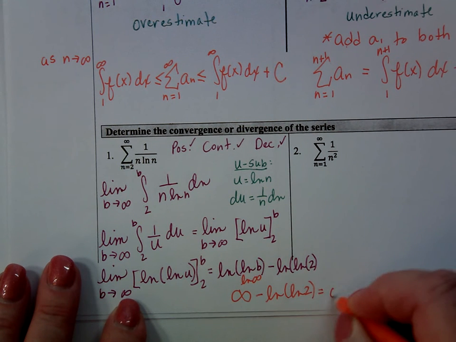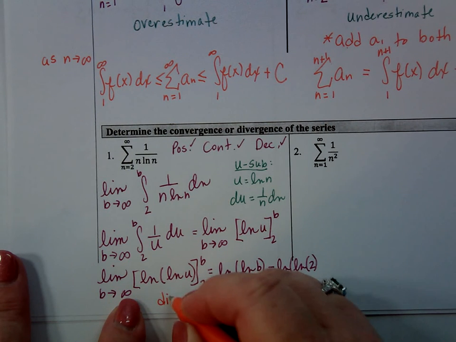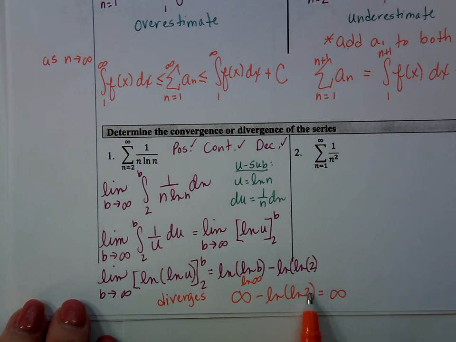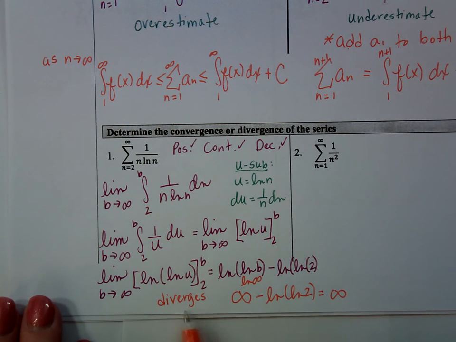Now if the answer is infinity, then that means that this thing diverges. Because the integral diverged, then the sum is going to also diverge. And that's what it comes into play with this one. So your integral diverged, which means your sum is going to diverge too.